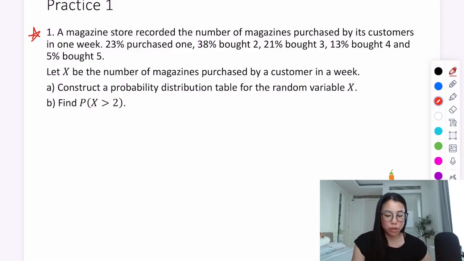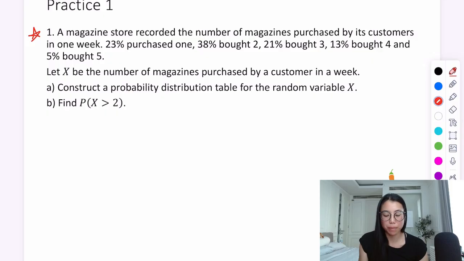A magazine store recorded the number of magazines purchased by its customers in 1 week. 23% purchased 1, 38% bought 2, 21% bought 3, 13% bought 4, and 5% bought 5. Let X be the number of magazines purchased by a customer in a week.